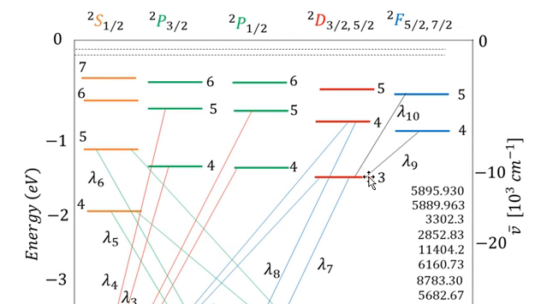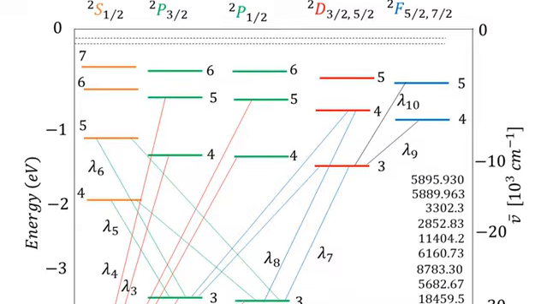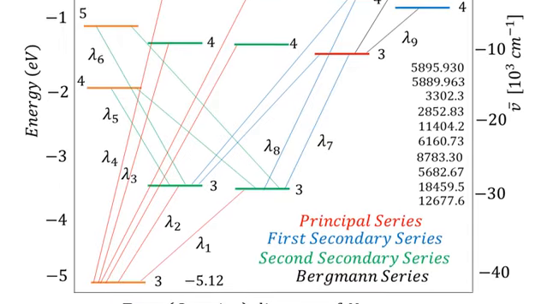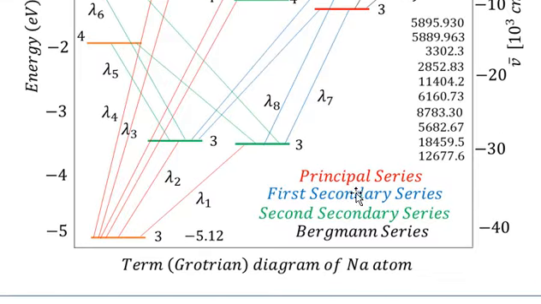So these are the four series that I have shown with their corresponding colors as indicated over here. I have also marked lambda 1, lambda 2, lambda 3, lambda 4, lambda 5 with these transitions, and the wavelengths in angstrom have been shown. For example, for lambda 1, this is a sodium atom, and the transition is 5895.930 angstrom.